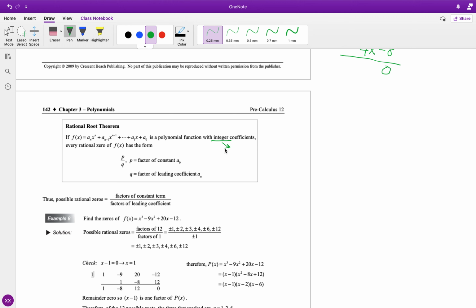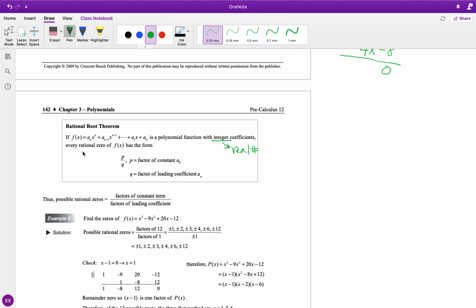If this is just a real number, then your roots might not be rational roots. Some of the roots might be irrational roots. All right, so this is important to be noted.